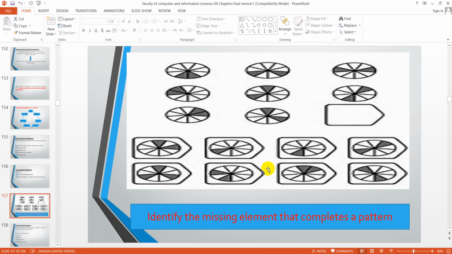Which one of these completes this pattern? Try to reflect on and assess your spatial or visual spatial intelligence. I will give you 10 seconds to reflect and try to come up with the answer.